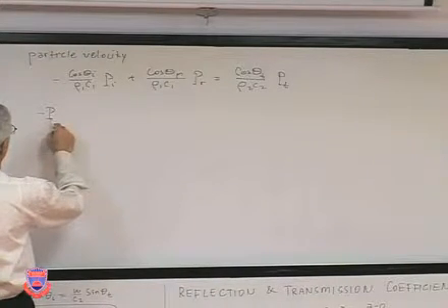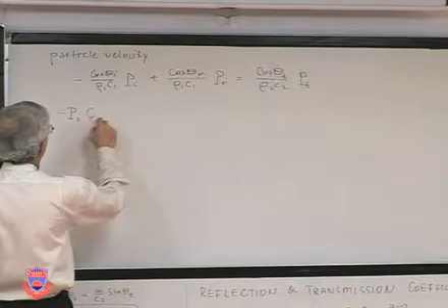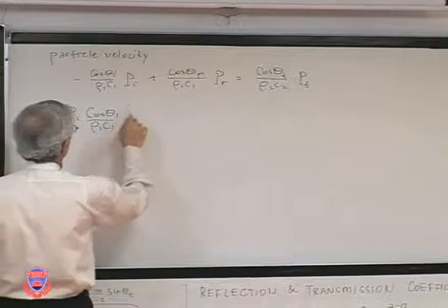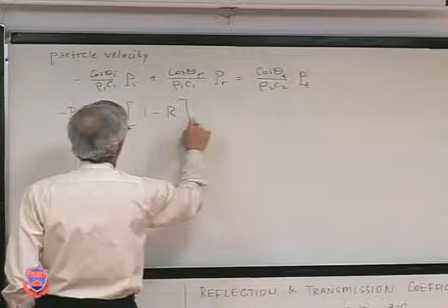I take p_i here and cosine theta_i over rho_1 c_1. This will be 1 minus r.